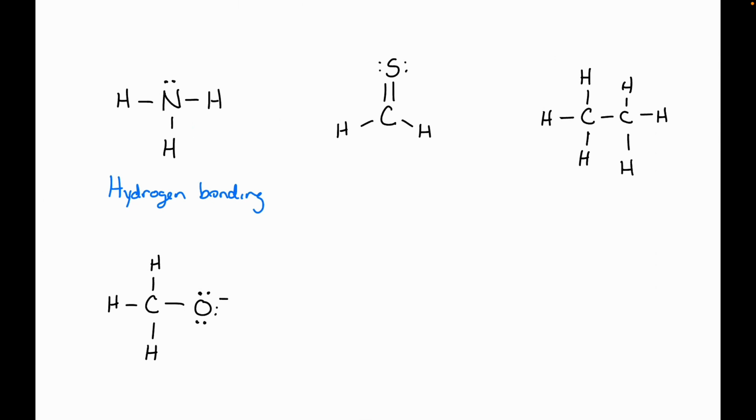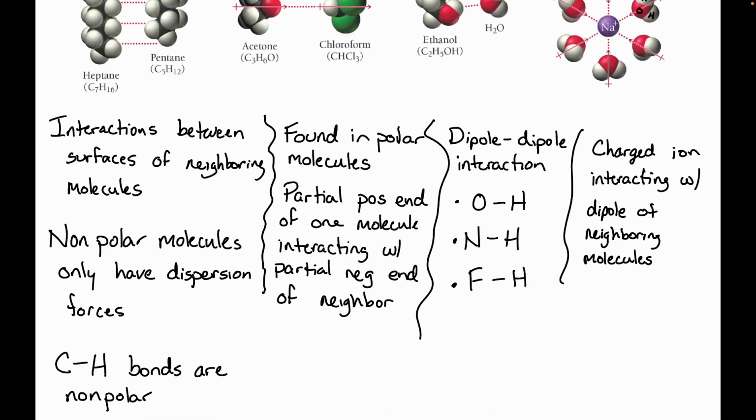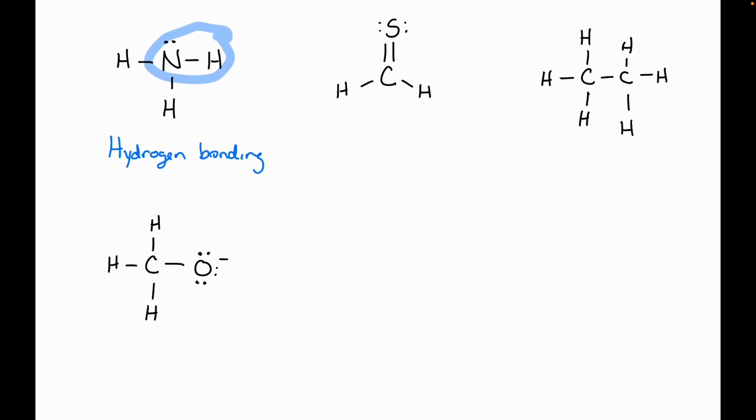Because it has one of those three types of bonds that can hydrogen bond. Remember, we made this list: oxygen-hydrogen, nitrogen-hydrogen, and fluorine-hydrogen. If you're on that list, you can hydrogen bond. In this case, we had a nitrogen-hydrogen bond, so this can hydrogen bond. I know I just said hydrogen bond like 1,000 times.